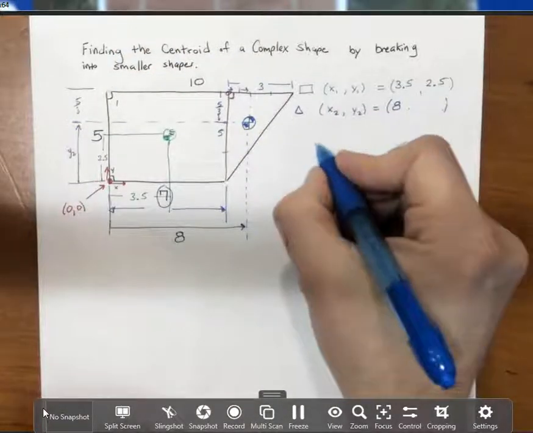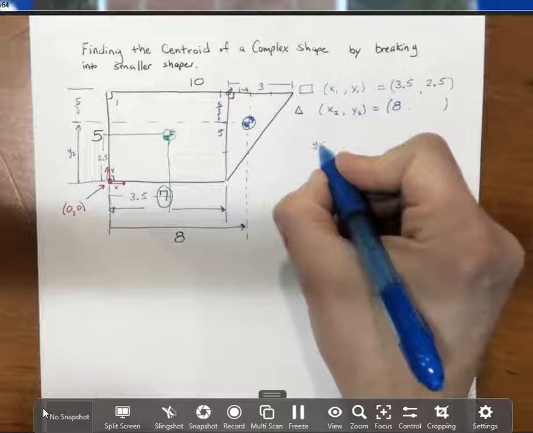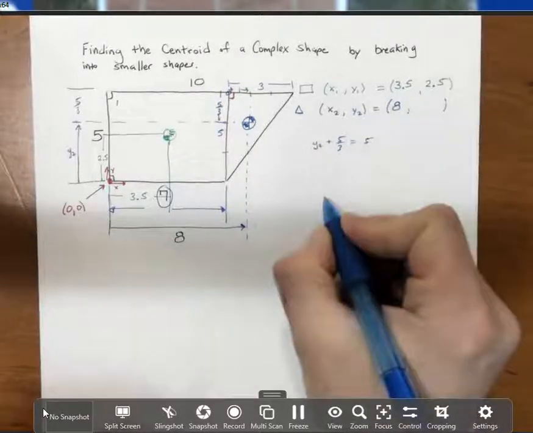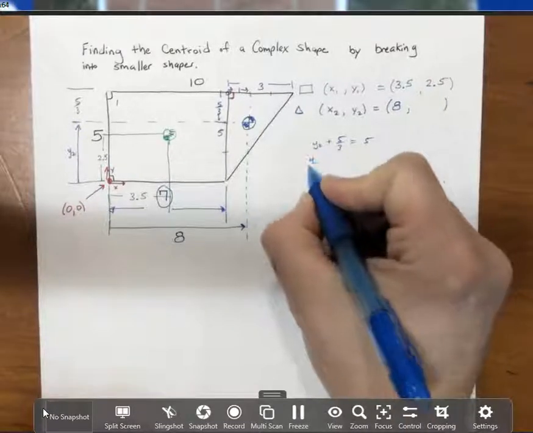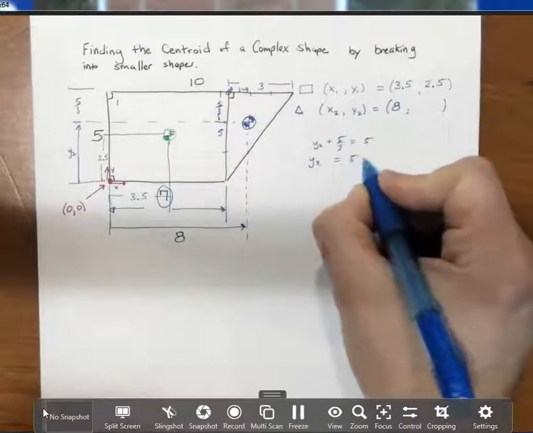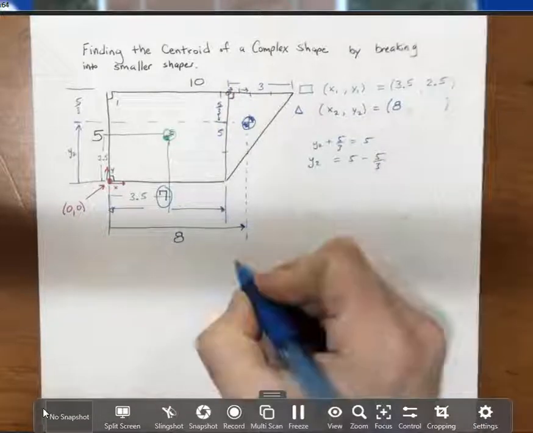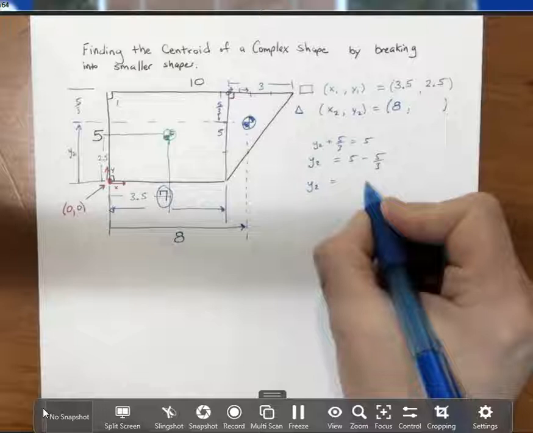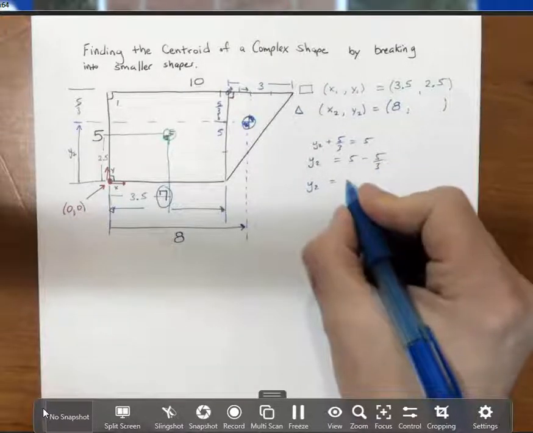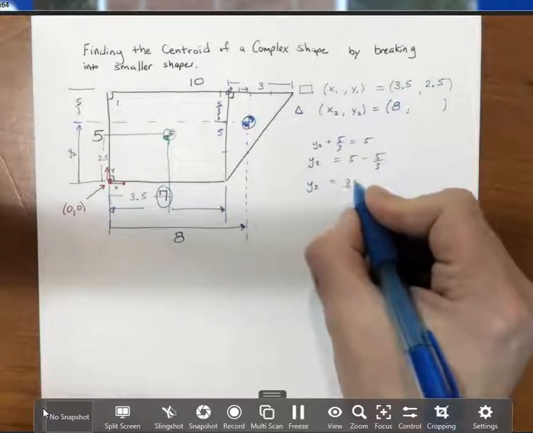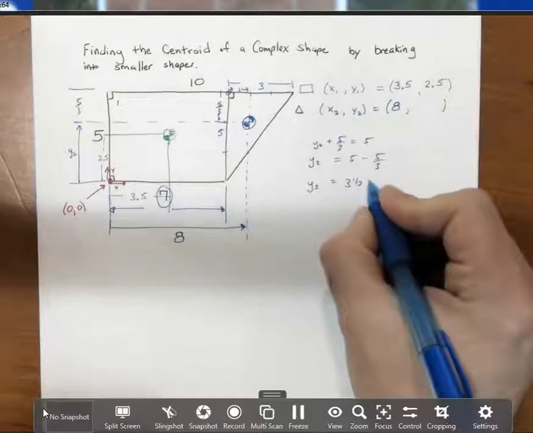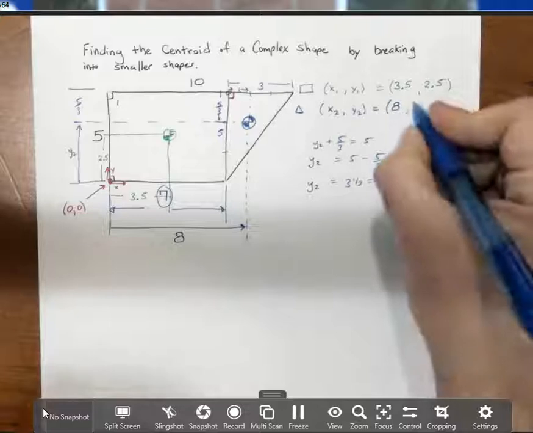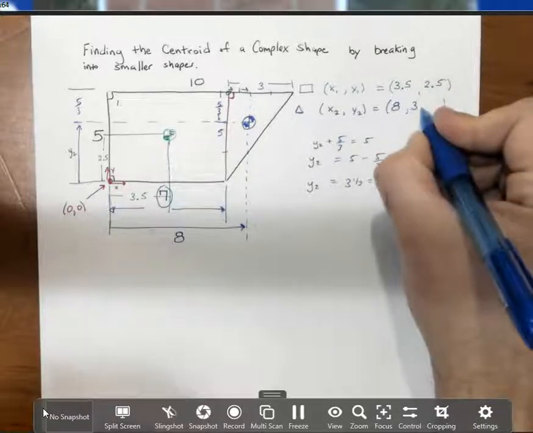So we could even write a little equation: the y-coordinate plus the 5/3 has to total 5 units. So really all we need to do is subtract 5/3 from the 5. 5/3 is 1 2/3, so 5 take away 1 2/3 is 3 1/3. I'm going to write it as 3.3 with a line over the 3, repeating. I'll just keep a decimal format.